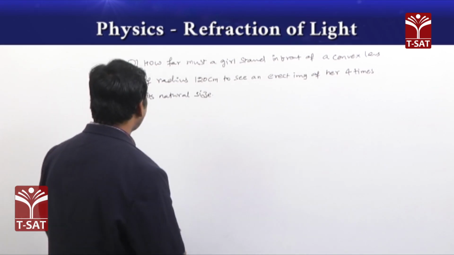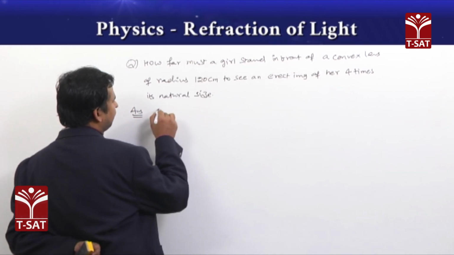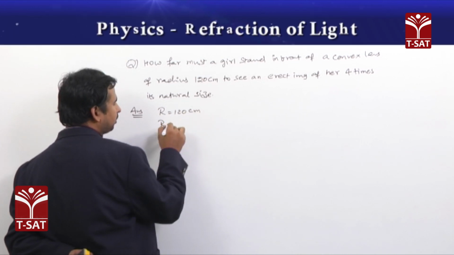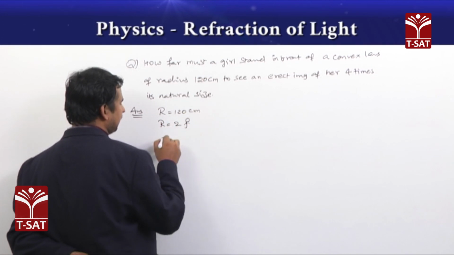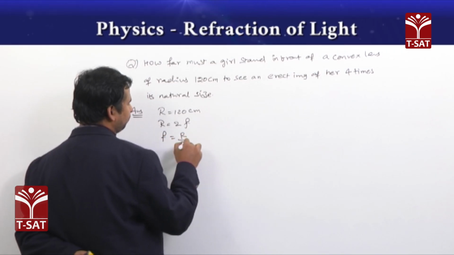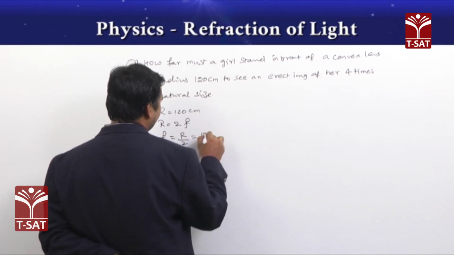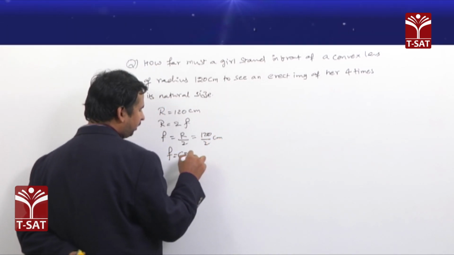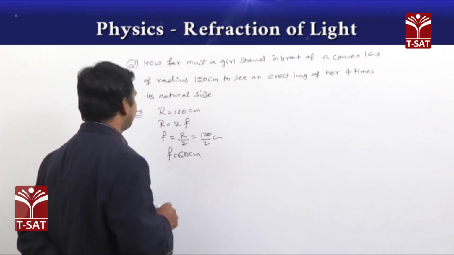As the radius of curvature R is 120 centimeters, we know that R is equal to 2f. Then f becomes R by 2, which is 120 by 2 centimeters. So the focal length here is 60 centimeters.